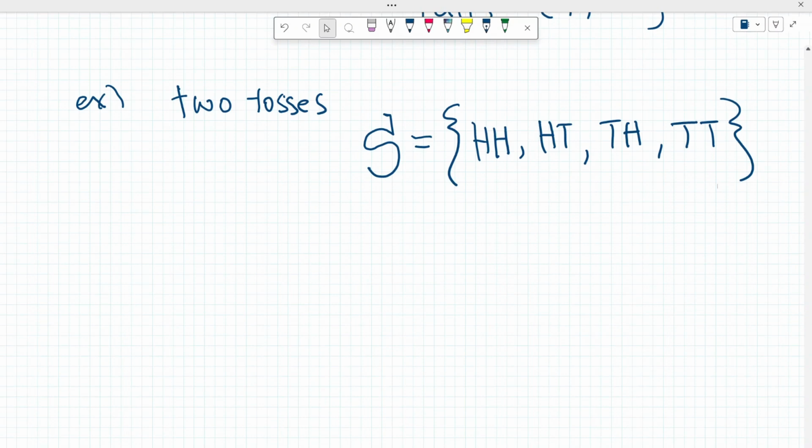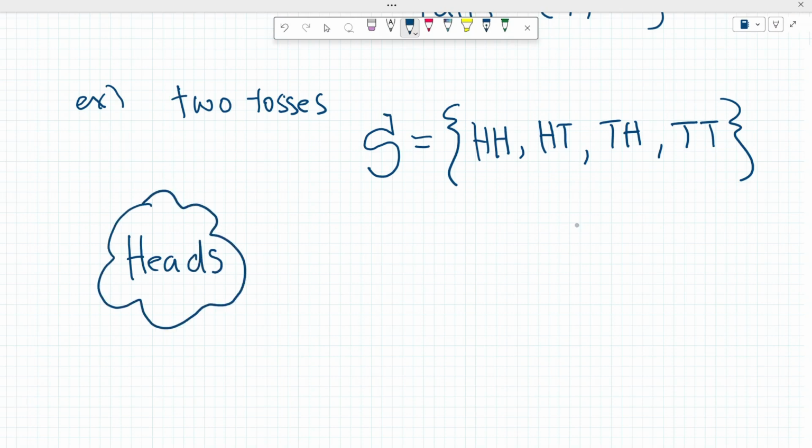So suppose now that we are only interested in heads. So we only care about heads and we want to track that result. That means that we are defining our random variable X that tracks the number of heads obtained in an outcome.